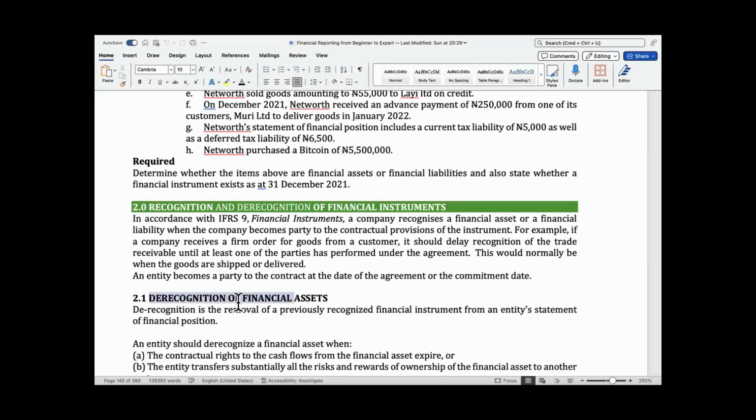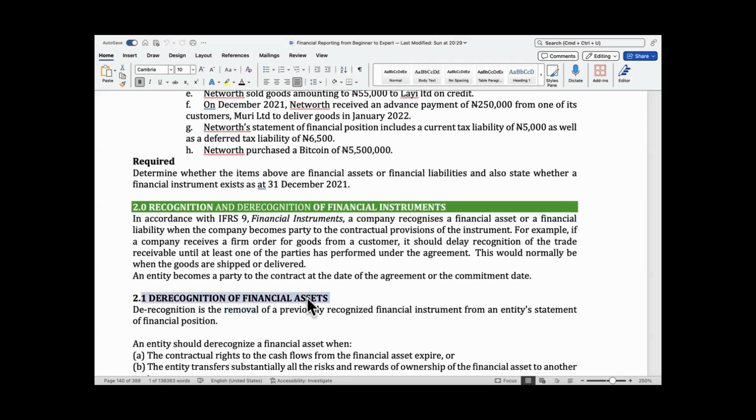For the recognition, we looked at the recognition of financial assets first. And derecognition means removal of an item or element that you have recognized in your books before. Now you want to remove it from your books.